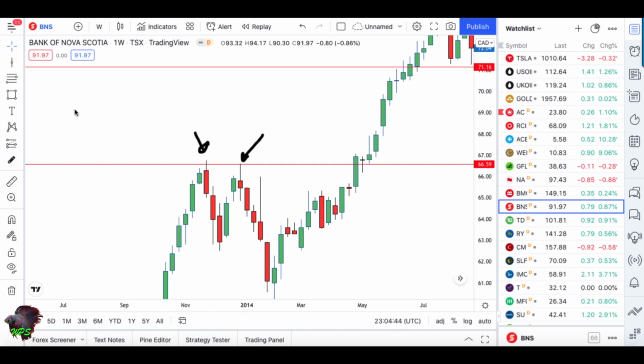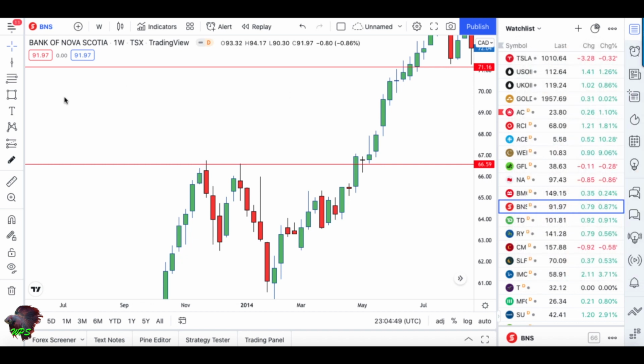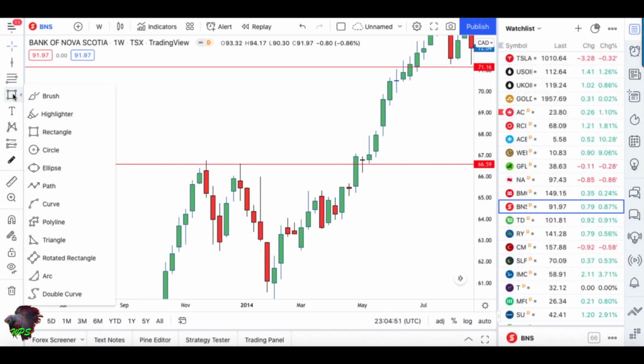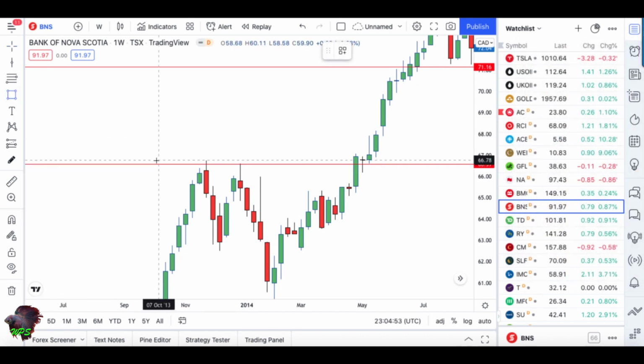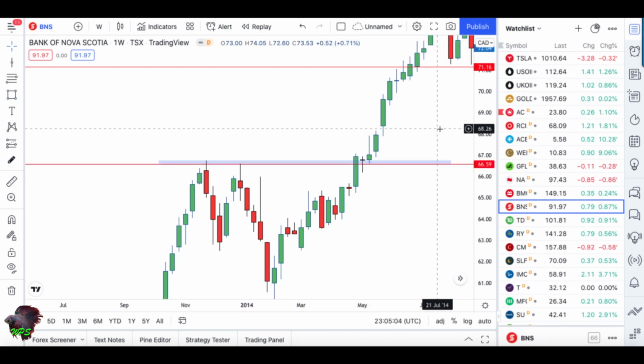Okay, so what I did here is basically I did this. All right, I'm just gonna clean this. I took this little rectangle, okay, and marked the top of this candle and the top of the other one and created this kind of a shady area.